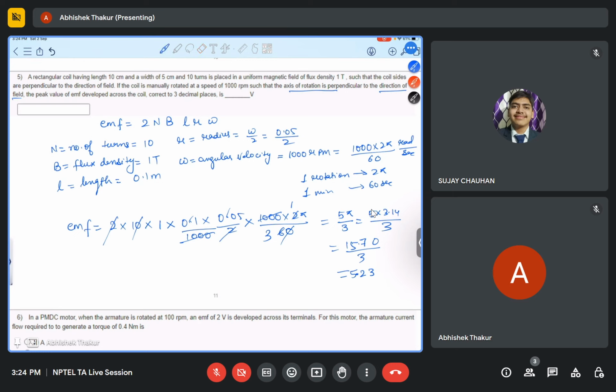Okay. So you substitute the value of pi more precisely and then you will get the answer as 5.233 voltage. So the correct answer for this question is 5.233 voltage.